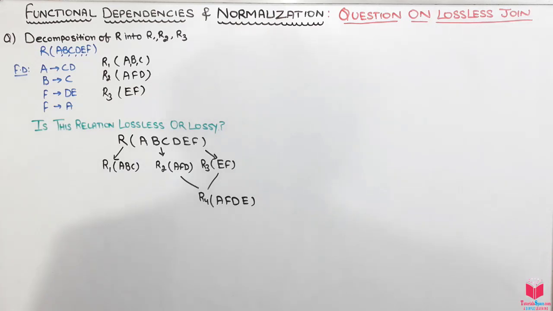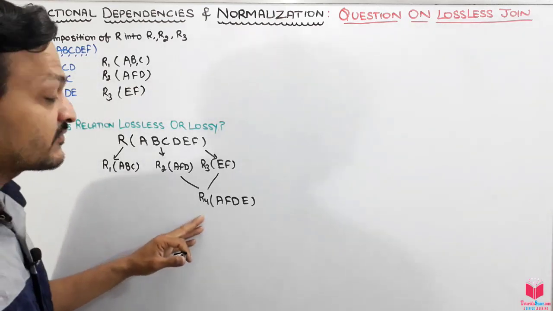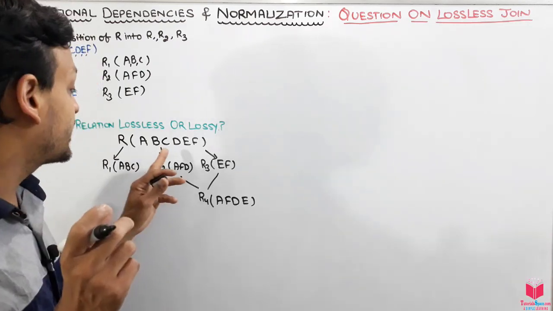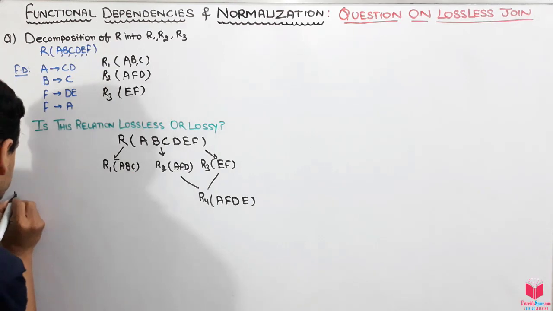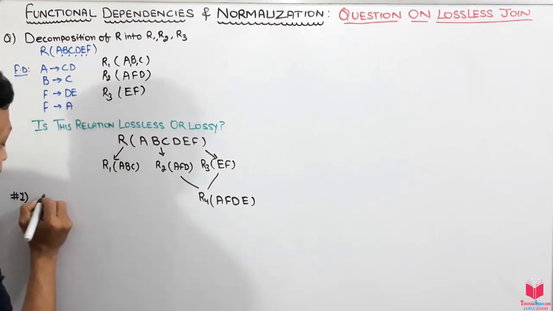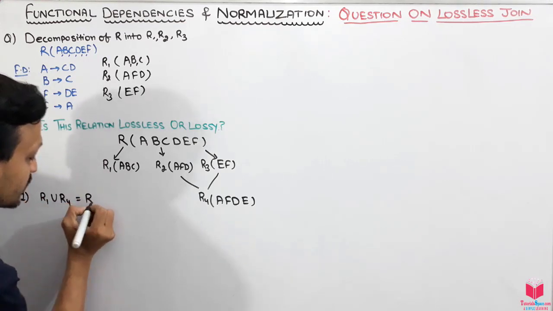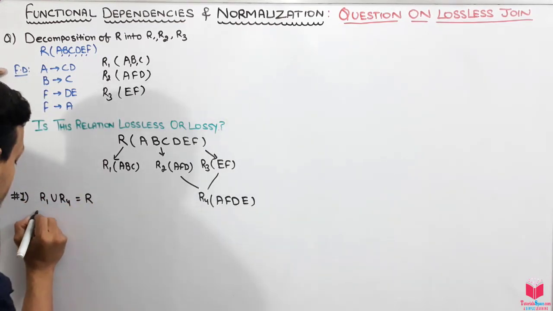So we will apply the first condition here, that is, the union of R1 and R4 should give us the original relation's attributes. So that is the first condition: R1 union R4 should be equal to R. Let's check.